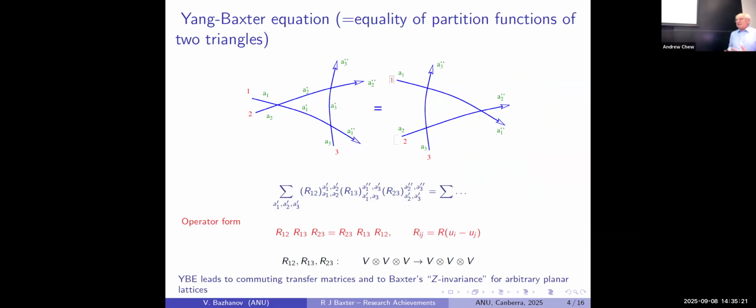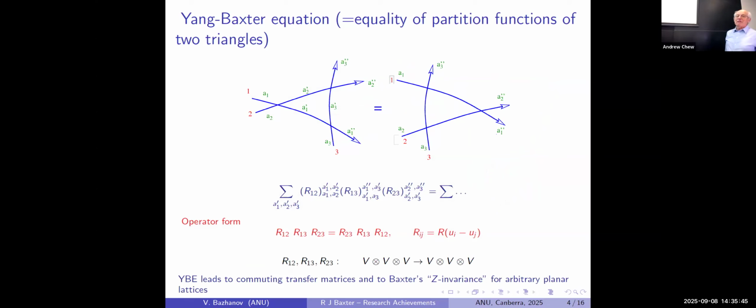So the Yang-Baxter equation is a statement of equality of partition functions of two triangles. We just take two triangles, fix the external spins and sum over internal spins. The left-hand side is written here, and similarly the right-hand side, and one is equal to the other.